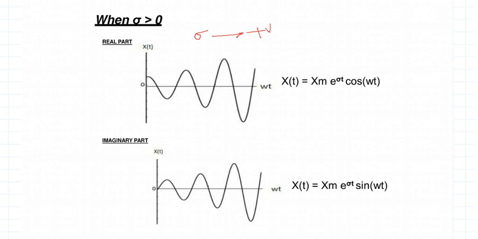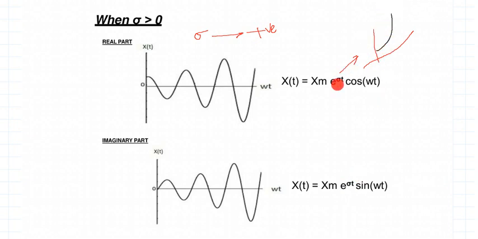So when sigma takes positive values, we have an exponential term which is a function of a positive term, and that's why this exponential term is exponentially increasing now. As sigma is positive, e raised to sigma t is exponentially increasing, right?